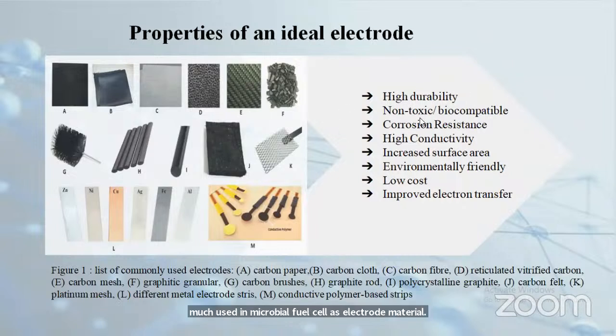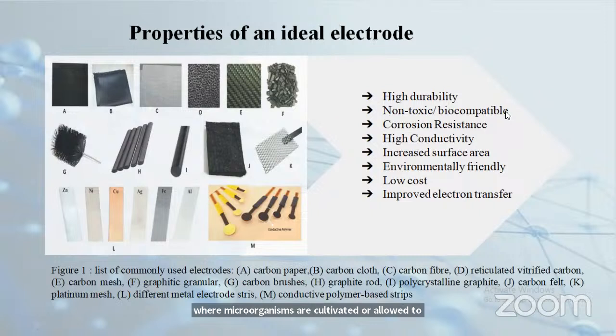So what exactly should be the properties of a material so that it is of utility to be used as an electrode? It should be highly durable. Obviously, it should be non-toxic and biocompatible. As far as non-toxicity or biocompatibility is concerned, particularly biocompatibility, it is important from the perspective of the anode, because the anode is immersed in a solution where microorganisms are cultivated or allowed to grow.